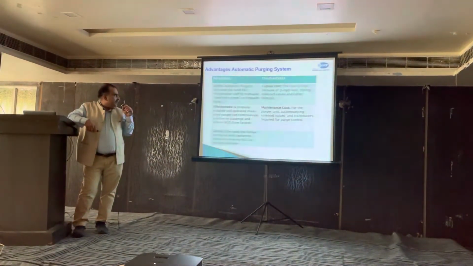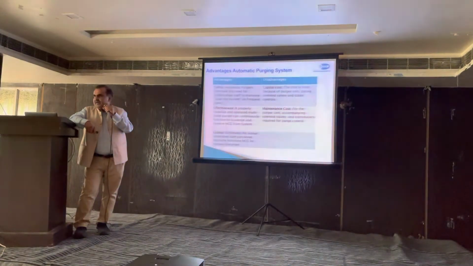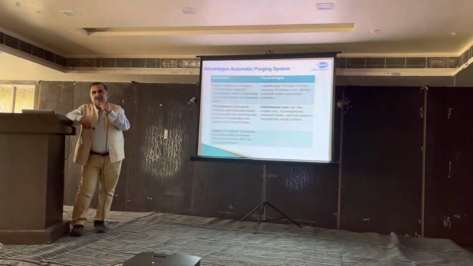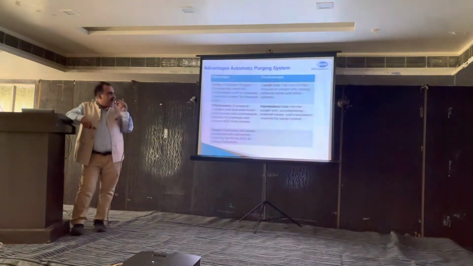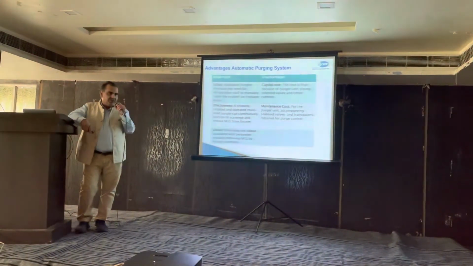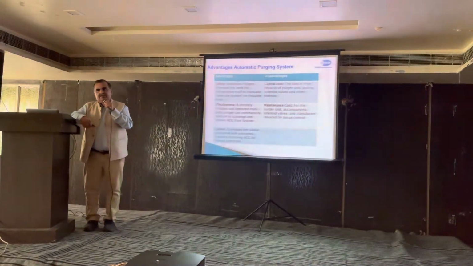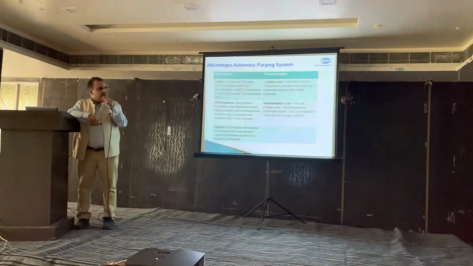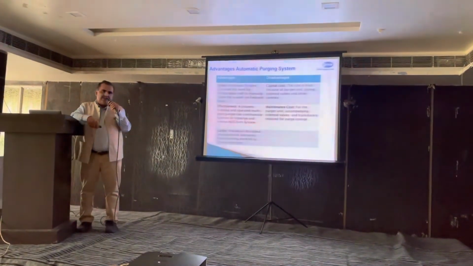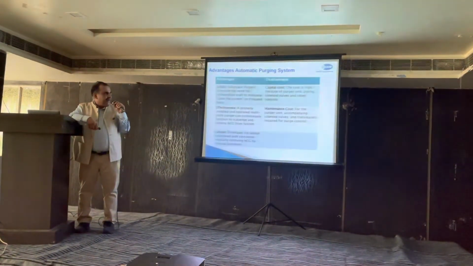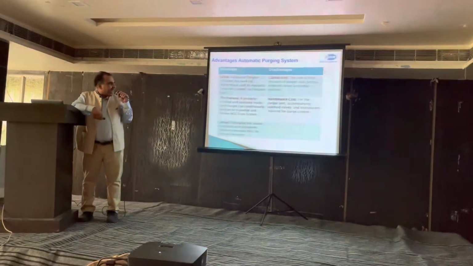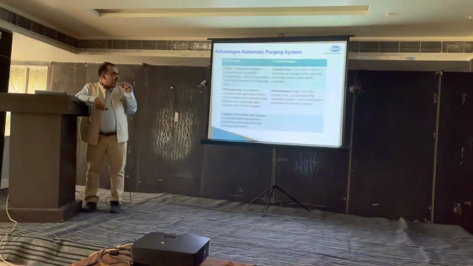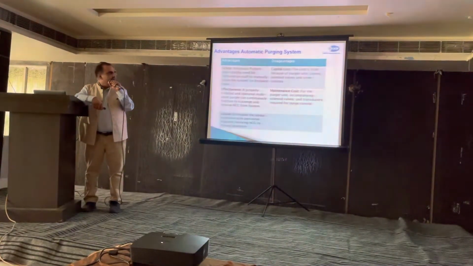And of course, if air is not removed daily or regularly, it will accumulate for a certain time, and definitely during the time between two purging cycles, air will remain in the plant and it will affect the performance. Third is that for this you need skilled labor. You need to use PPE kits, and that's a cost. That is the cost nowadays because manpower is not very easily available.